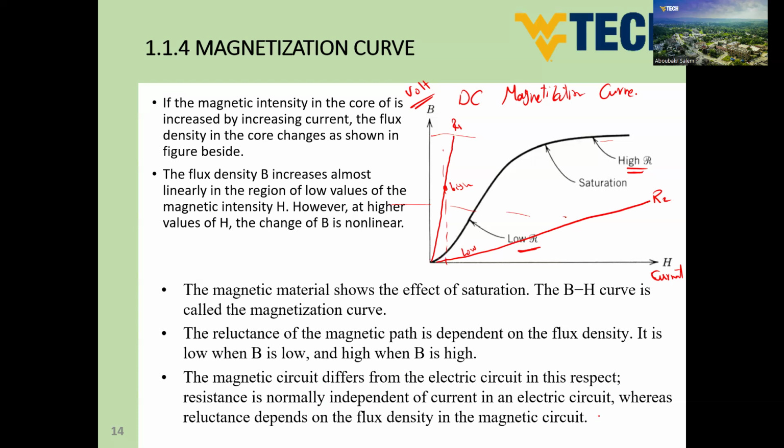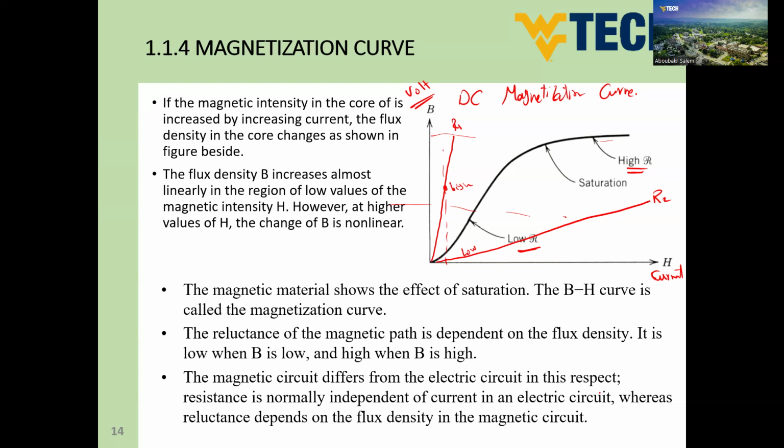So it's just like the basics, guys. The magnetic reluctance depends on the flux, but the value of the resistance is independent of current. It's just because of the different features of electricity and magnetism.